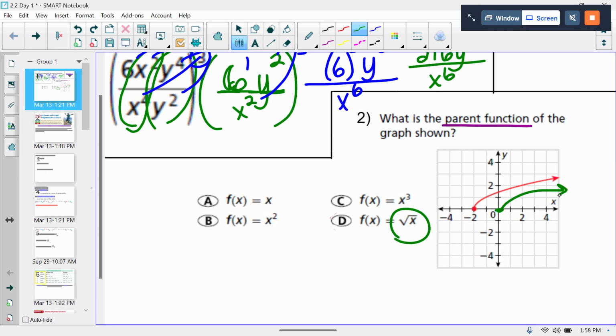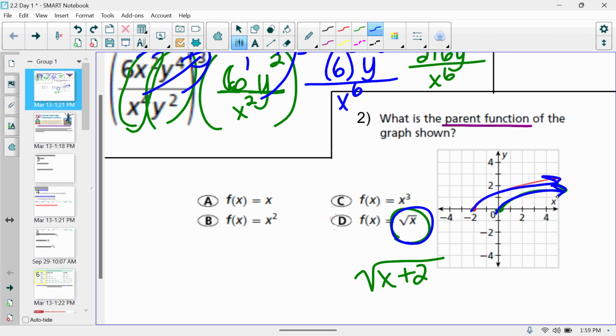So the graph that's shown in this picture is actually this. It is the thing shifted to the left 2 units, okay? But the parent function would just look like this if you graphed it. We'll talk about that later in the year, but any graph that you ever graph, like we did with parabolas, you can shift them up and down and left and right. You can stretch them, you can shrink them, okay?